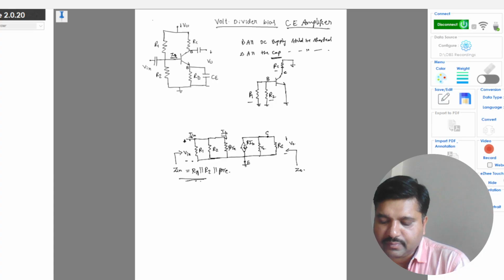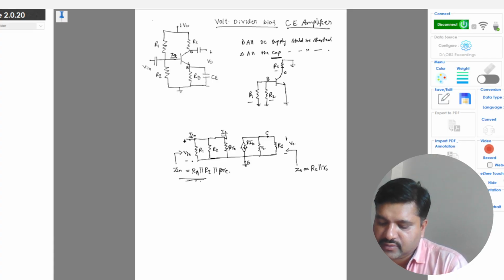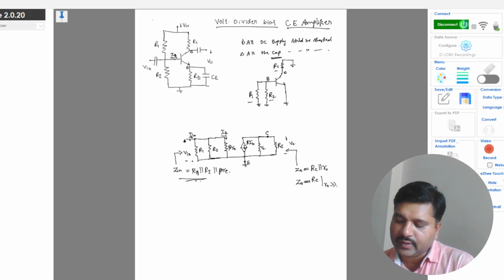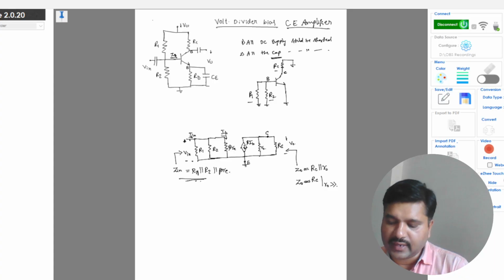So the current source beta IB will be open circuit and R0 will be a large resistance. So your output impedance will finally be RC parallel with R0. Effectively, Z0 will be approximately equal to RC because R0 is very large. So this is the output impedance of the amplifier.